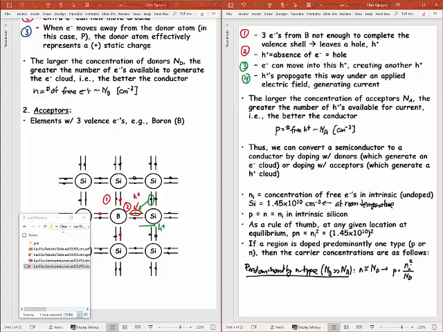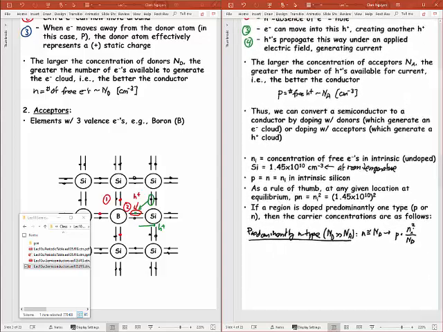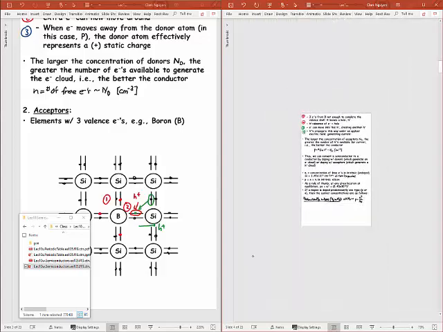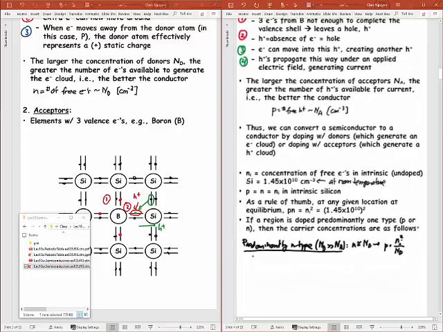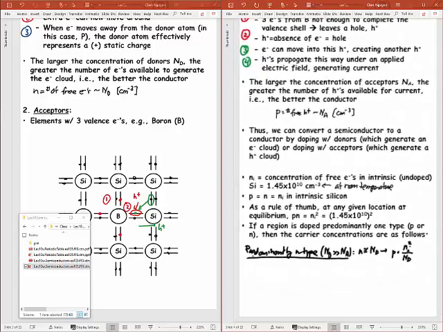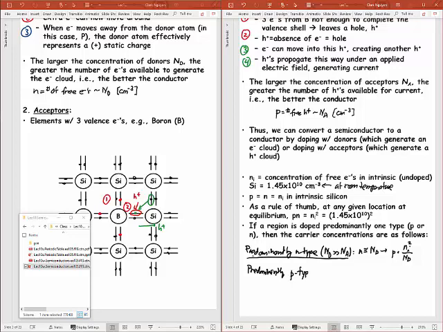I could do the same thing if I predominantly dope P-type, which means that my N sub A concentration is much greater than my N sub D concentration.